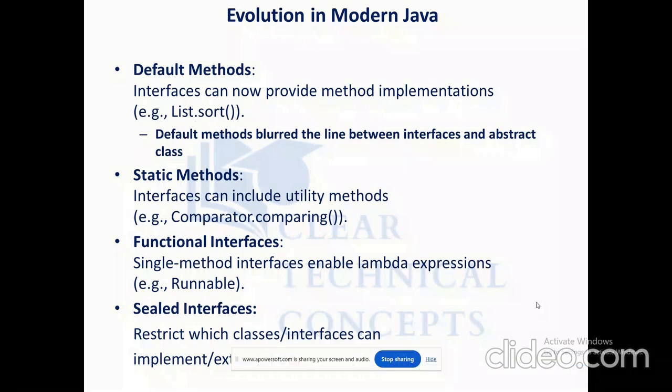Now interfaces can also include static methods, which means utility or helper functions. This is important because all the interface-related logic can be kept inside the interface only. For example, the Comparator interface's naturalOrder static method creates a comparator for natural ordering.